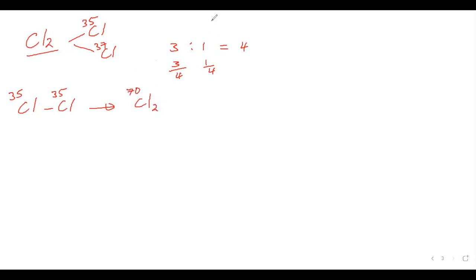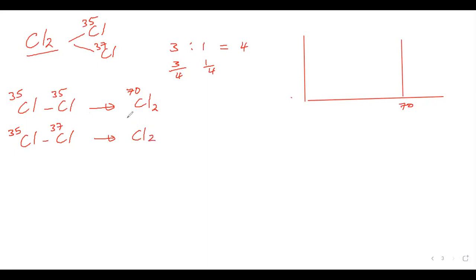Okay, so we will get in our spectrum a peak at 70, which corresponds to Cl2, where each of the chlorine atoms is 35, or else one of the chlorine atoms is 35 and the other is 37. So we get another peak at 72. So here also we get a peak at 72.